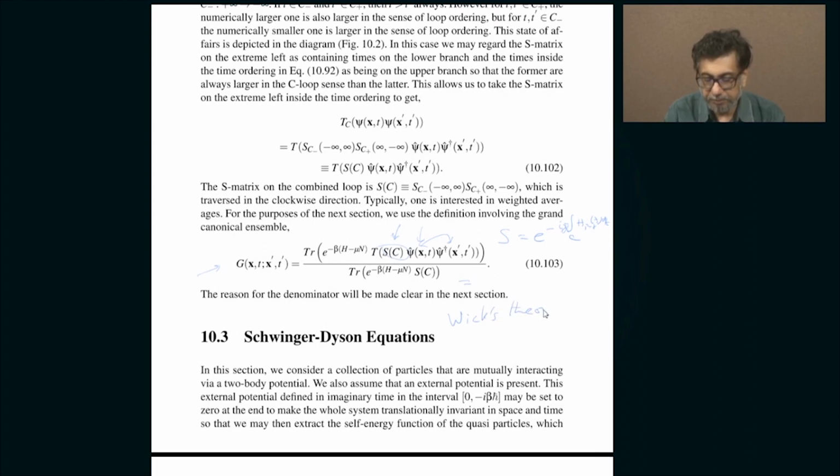Wick's theorem simply says that if you want to calculate the average of A, B, C, D, this is the same as calculating the average of A into B times C into D, or the average of A into C plus B into D, like that. So it's like all sorts of pairings.